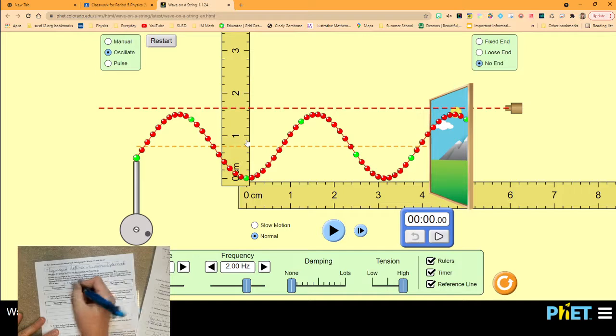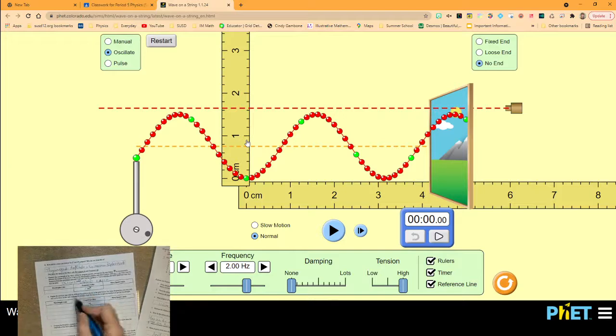On the first page, the wavelength was 3.1 centimeters. It said to convert it to meters. 3.1 centimeters divided by 100 centimeters per 1 meter equals 0.031 meters. There.